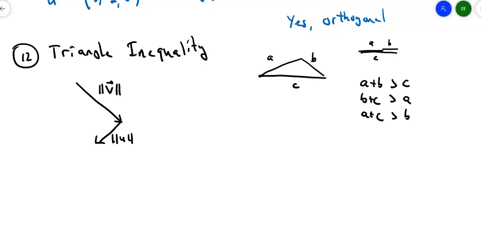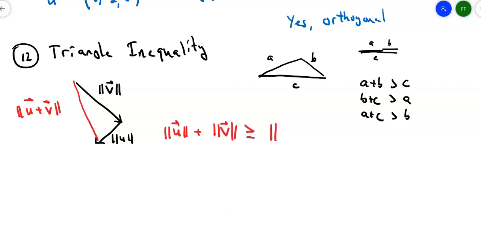What can I say about the length of this vector over here? That's the sum of u and v. Well, it should make sense then that the magnitude of u plus the magnitude of v has to be greater than or equal to the magnitude of vector u plus vector v.